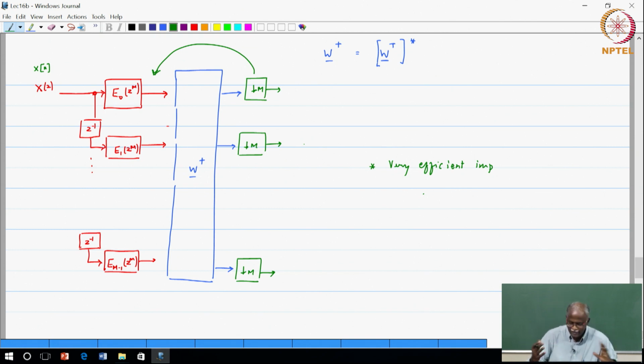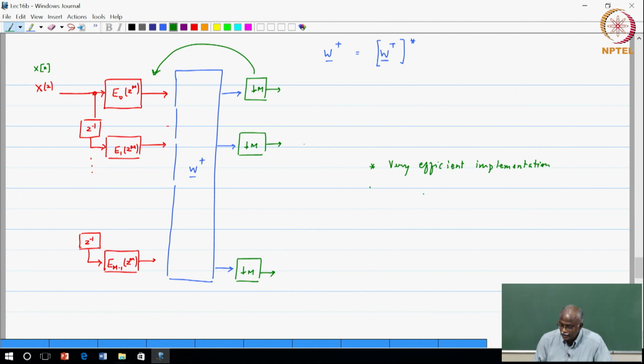All of those results have come together. So maybe this is a structure that you must spend some amount of time redrawing or analyzing and applying. You get a very efficient implementation, very low computational complexity, because you are using the DFT, you are using the polyphase, you have taken advantage all around.